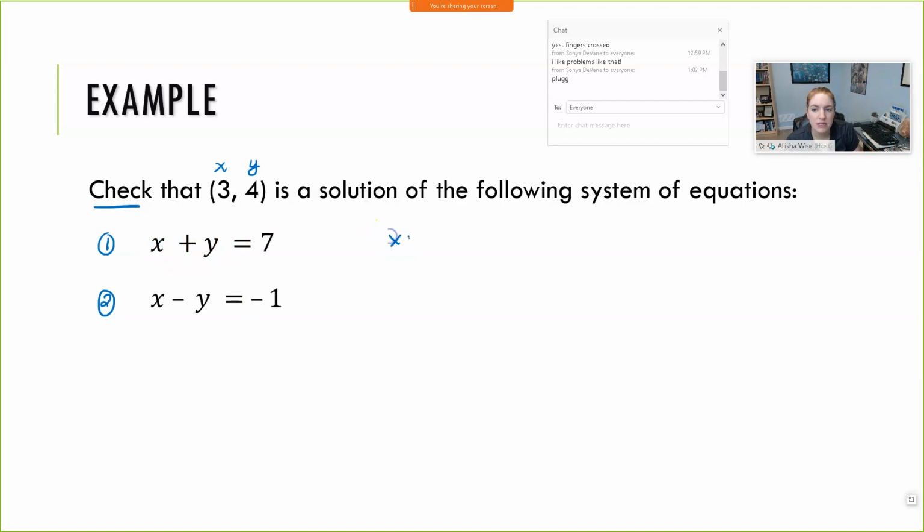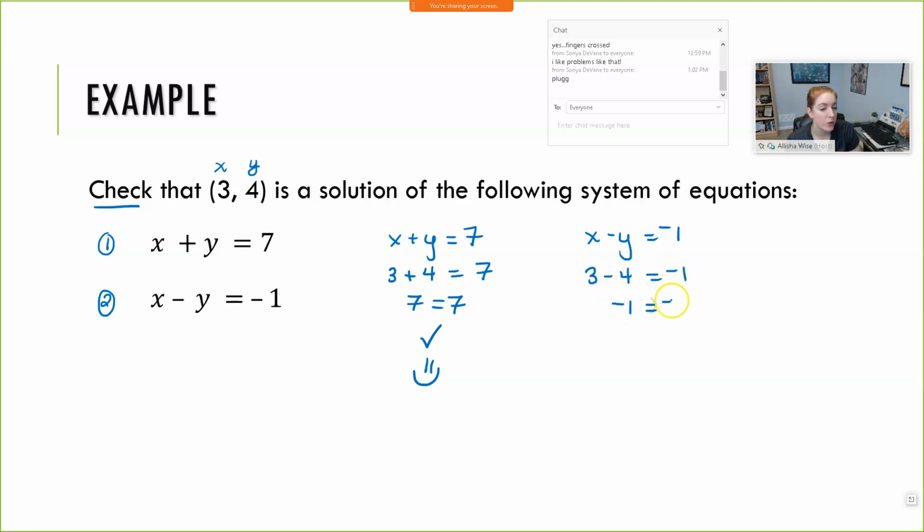So x plus y equals 7. X gets replaced with 3. Y gets replaced with 4. Yep, you've got two numbers which are equal. That means it works in equation 1, but it has to work in equation 2 as well. So x minus y equals -1. X is 3, y is 4. Simplify, 3 minus 4 is -1. Woohoo! It works in equation 2 as well.